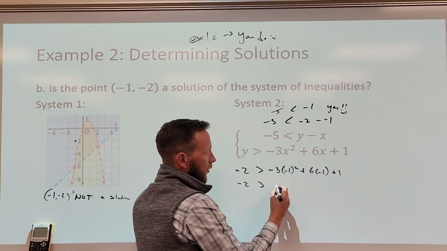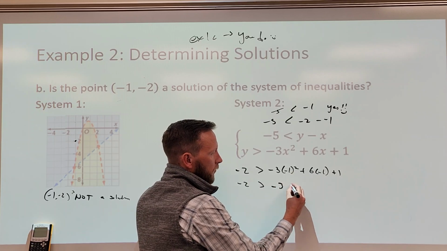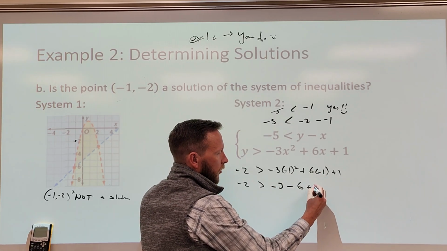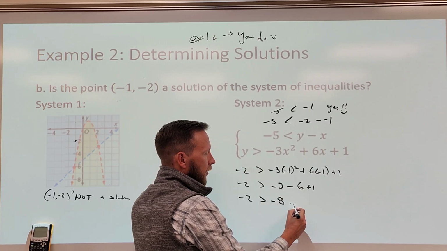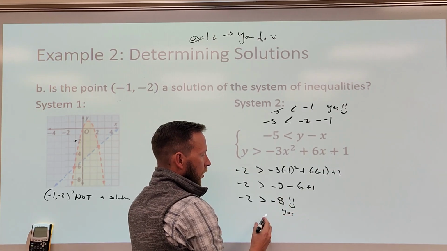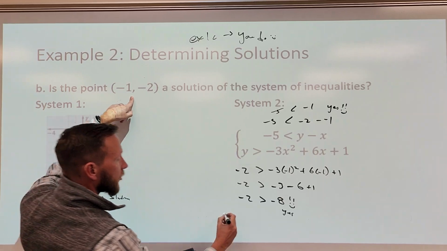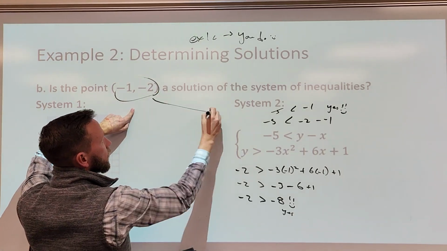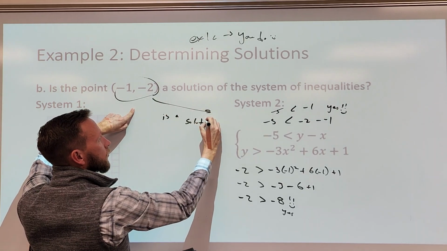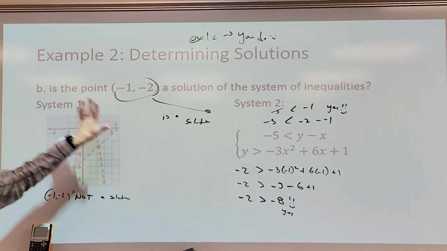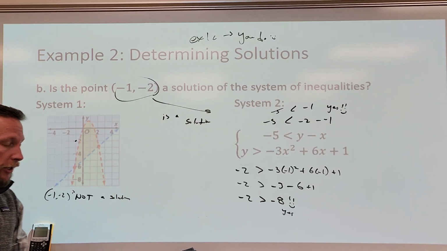Is -2 greater than -3 times 1? -6 plus 1. Is -2 greater than -8? Yes, it is. So this is a solution for system 2. It's not for this one, but it is a solution there.